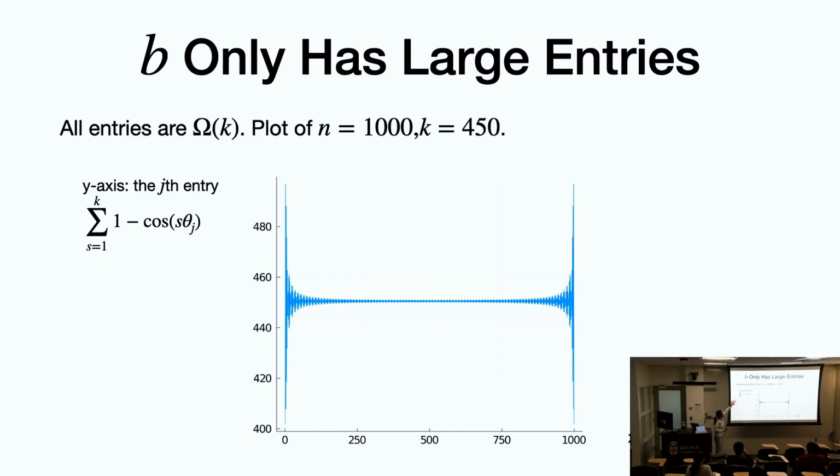And this also happens when n and k are in the same order, so n is not too large compared to k.